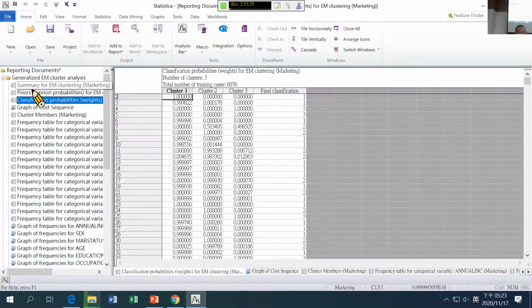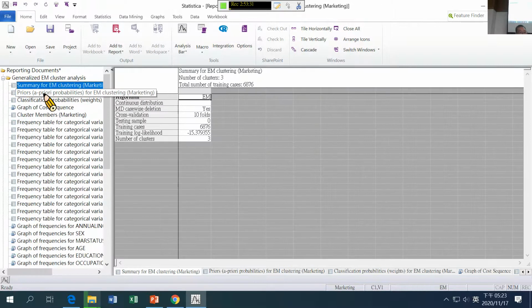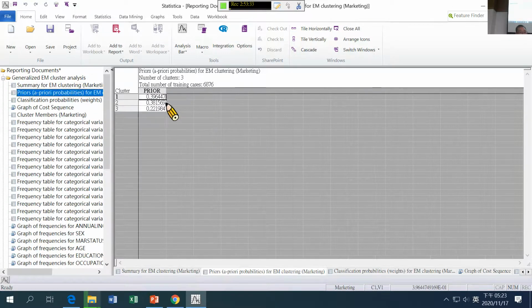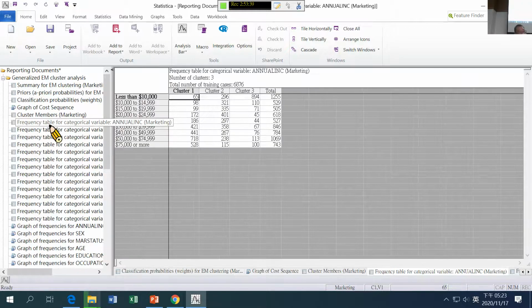We can check the frequency. 这里，次数嘛，对，次数。Yes, you see here, this is our class table, right? I want to make sure the cluster is related to your annual income.